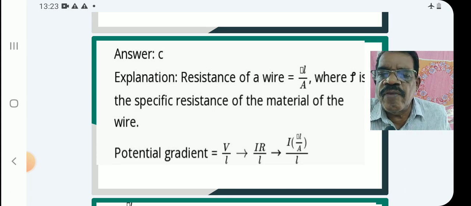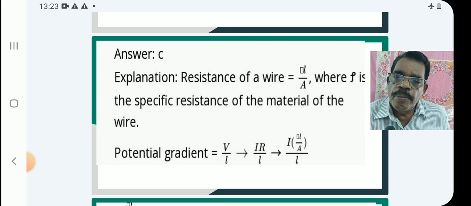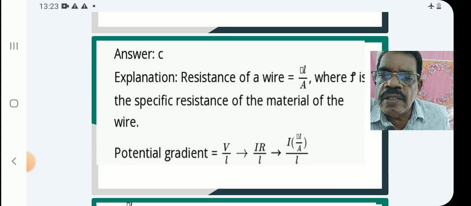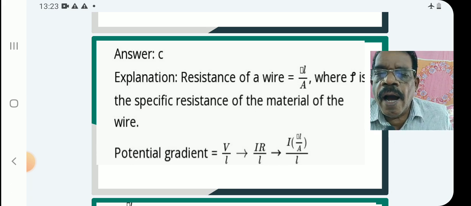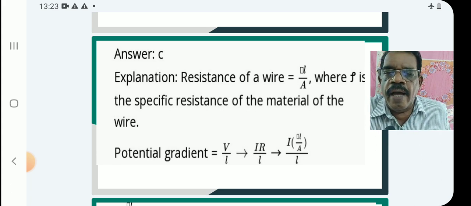Potential gradient is V by L, potential by length. Potential is IR, Ohm's law. So potential gradient is IR by L. R is equal to rho L by A. So put the value there, and L will cancel.